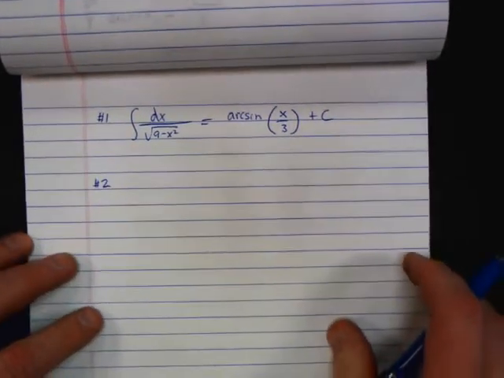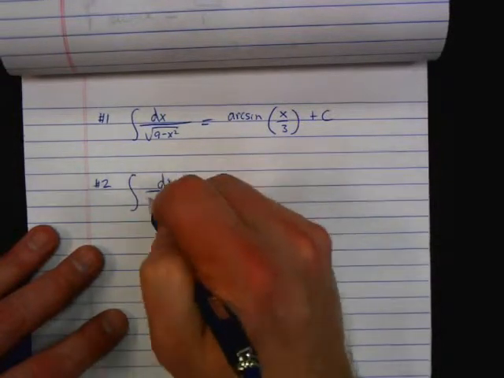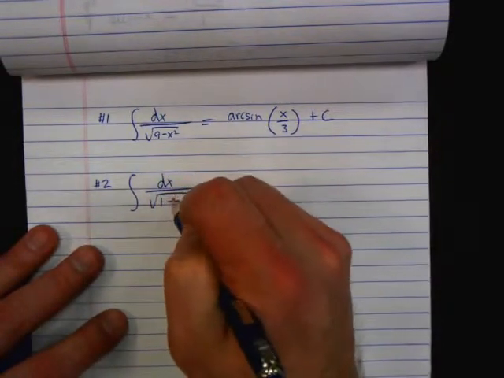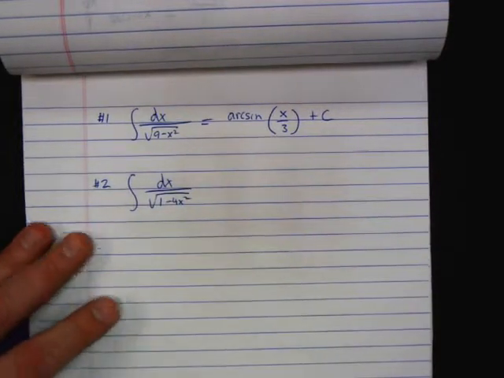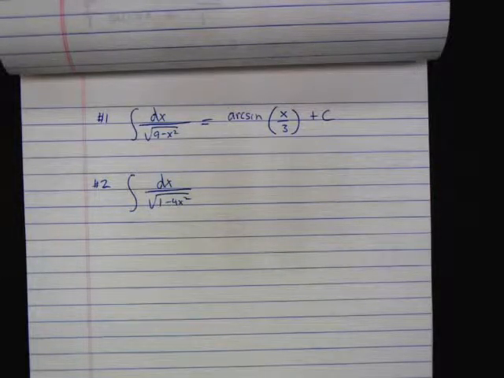Number 2. Integral dx over the square root of 1 minus 4x squared. Does that fit into one of our integration patterns? Yes, almost. What do I mean by almost?